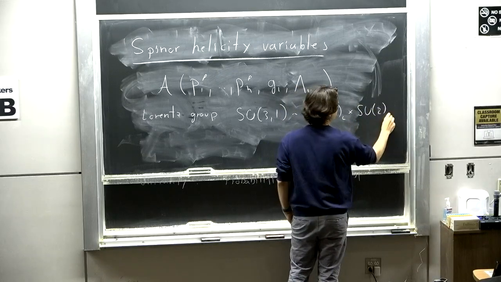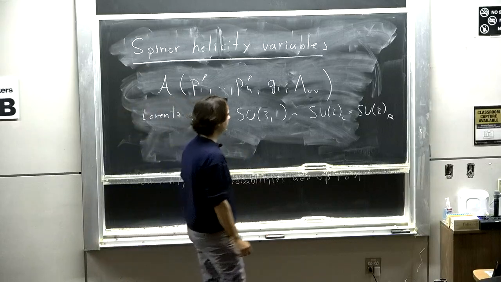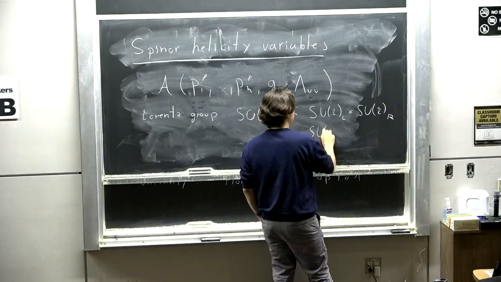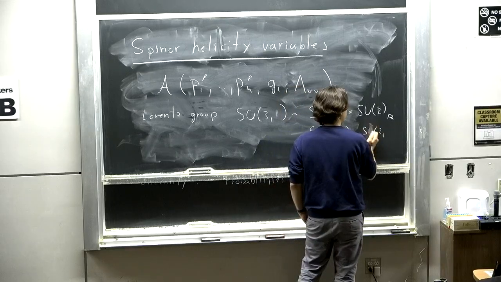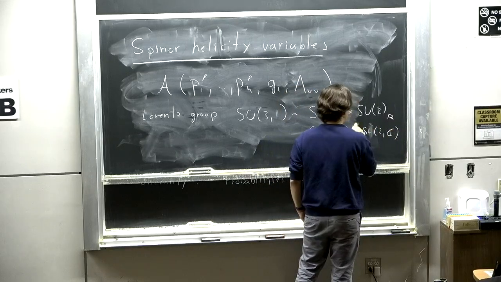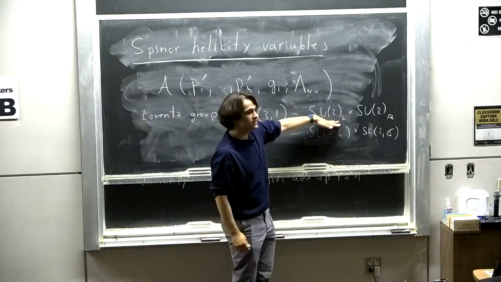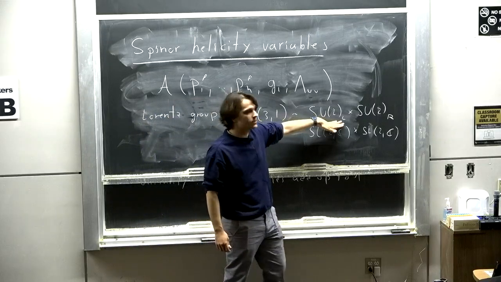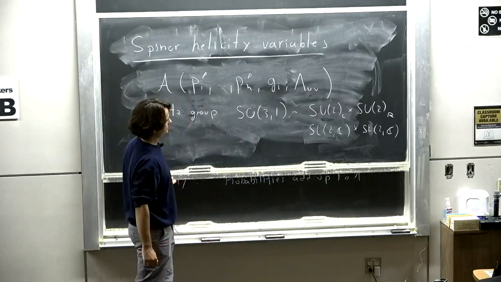Let me call this left and right, not to be confused with anything electroweak. And actually, for general complex momenta, these are SL(2,C). So what are these things? This is the thing that acts on left-handed Weyl spinors. This is the thing that acts on right-handed Weyl spinors. Okay.